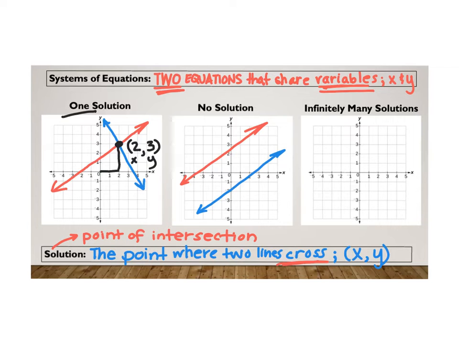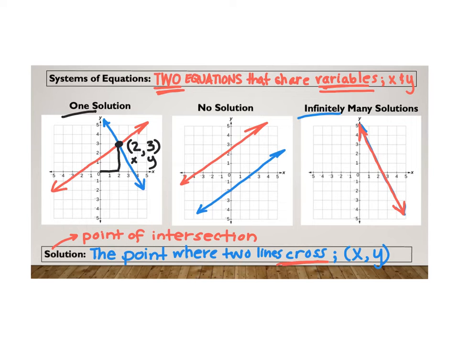So if infinite is more than one, then what does that look like? Well, say for instance I graph an equation and it ends up looking just like this. And the next equation that I graph is the exact same equation. So I graph the second one and it's the exact same one.